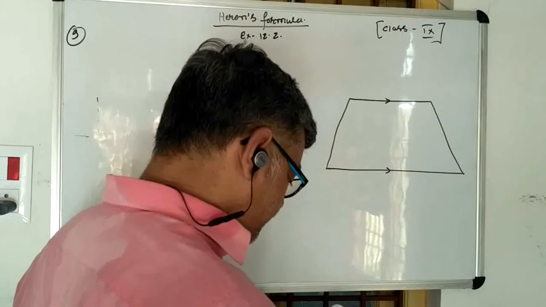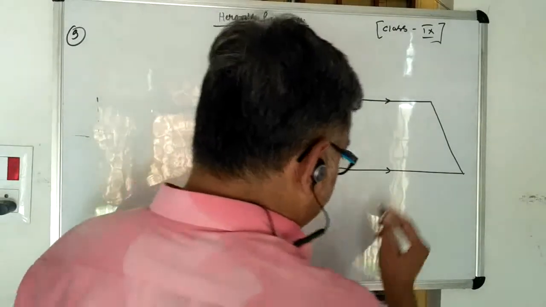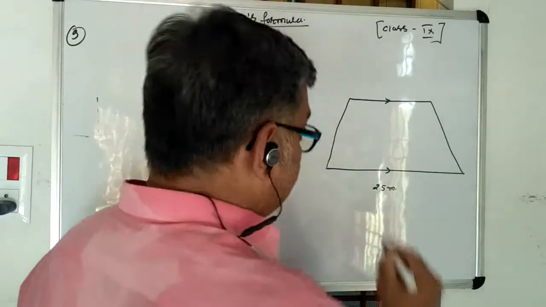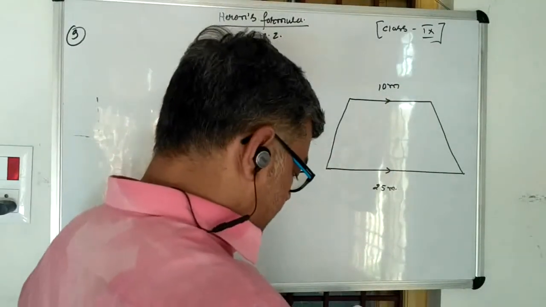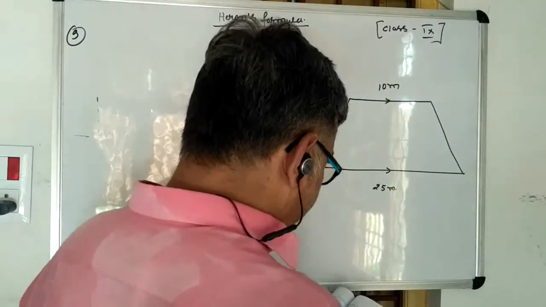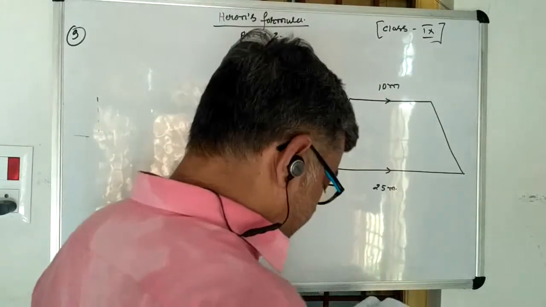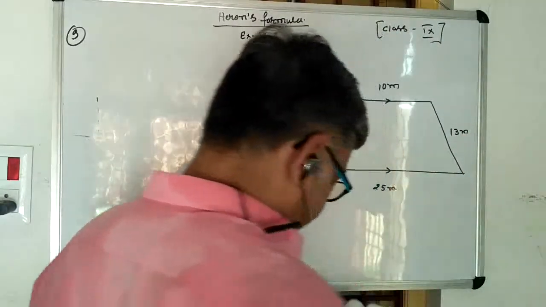The parallel sides are 25 meter, suppose this is your 25 meter and this is your 10 meter. The non-parallel sides are 14 meter and 13 meter.